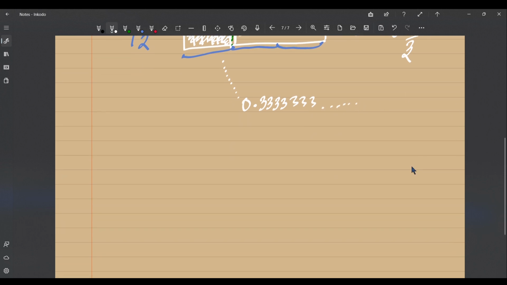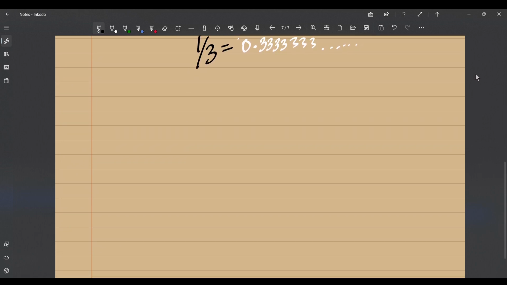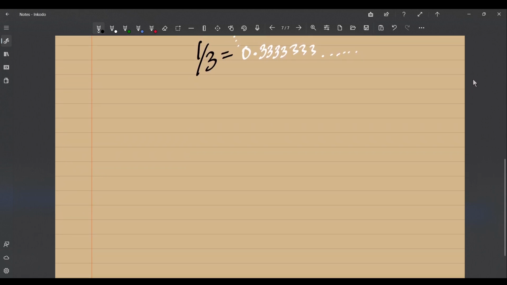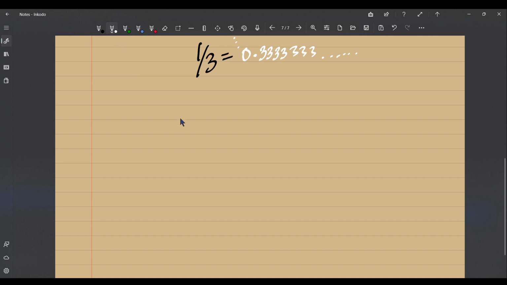So this is the representation for 1/3, but luckily for us, there's a simpler way of thinking about division of rational numbers. Do you remember? We know about something called long division, or Euclid's division, or Euclid's division algorithm.